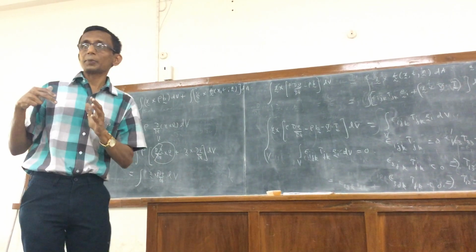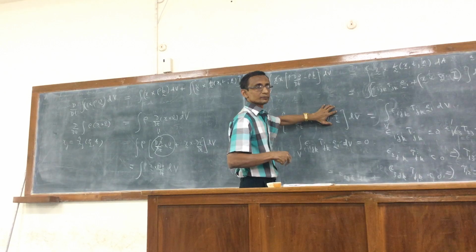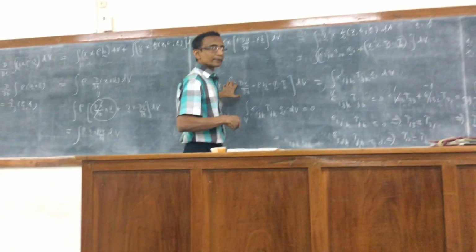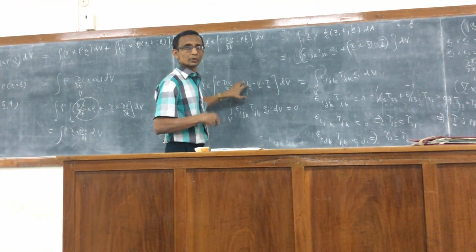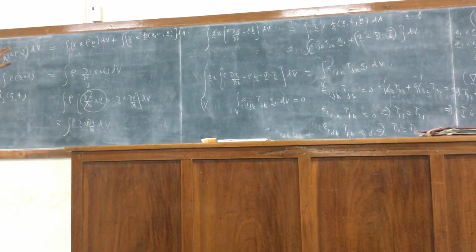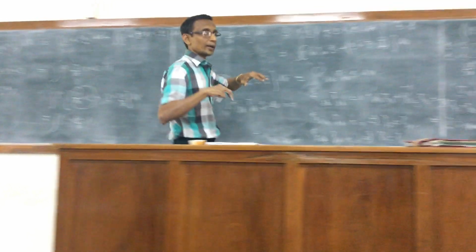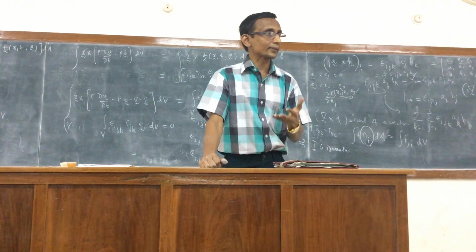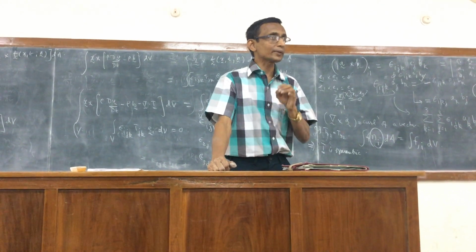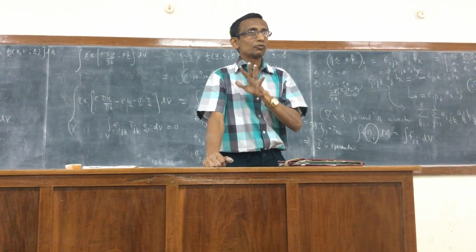Because we have a force balance to begin with. This is the local force balance, right? x cross that will be 0. There's nothing new that we get out of this. But by applying the momentum balance on the body, what we have been able to prove as a result is that the stress tensor is symmetric.